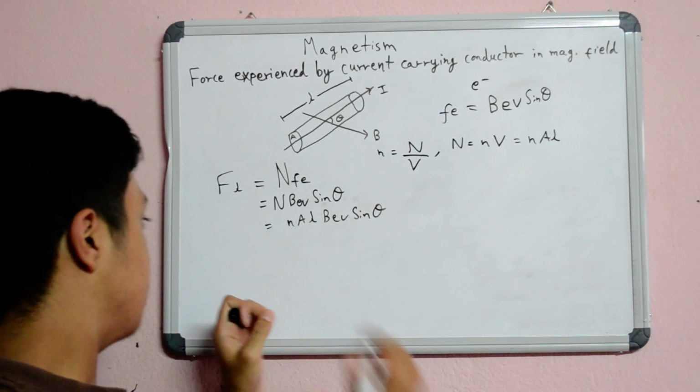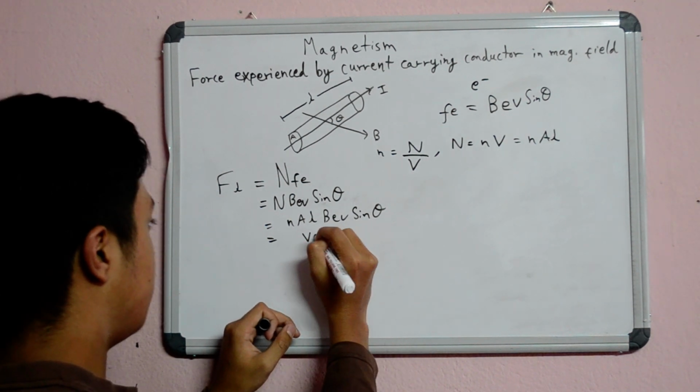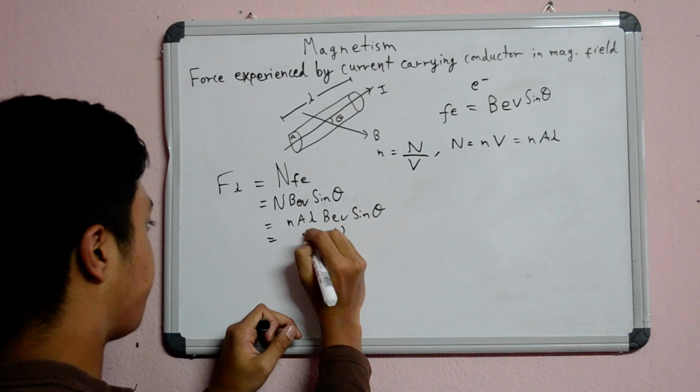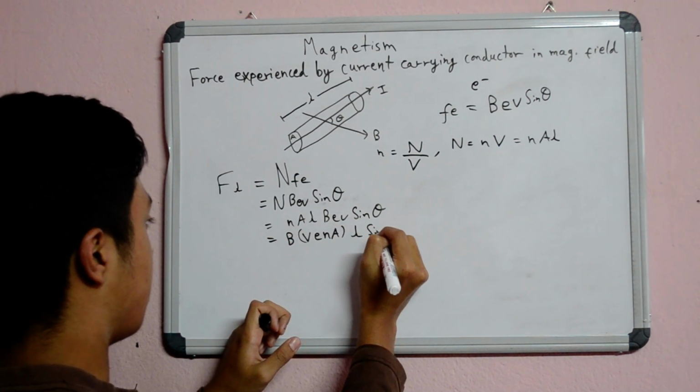Now we can rearrange this, so it becomes v_d e n A, then B, length L, and sine theta.